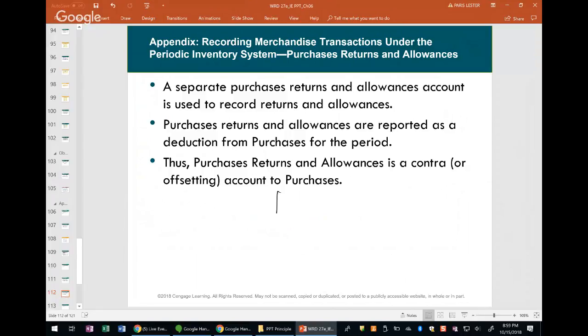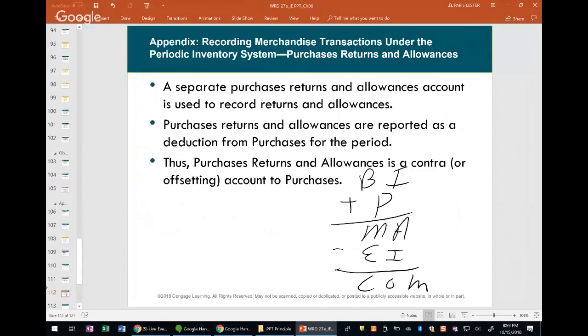But now how you get cost of goods sold under either method is different. Cost of goods sold is simply in a ledger account under perpetual. When I say goods sold, it's merchandise sold. It's in the ledger account because you make two entries when you sell something. In a periodic account, though, you've got to find cost of goods sold by taking beginning inventory plus purchases, gives you merchandise available, minus ending inventory, gives you cost of merchandise sold.